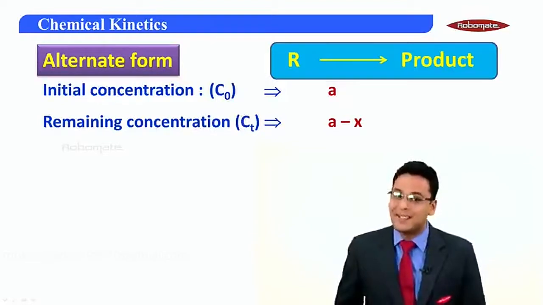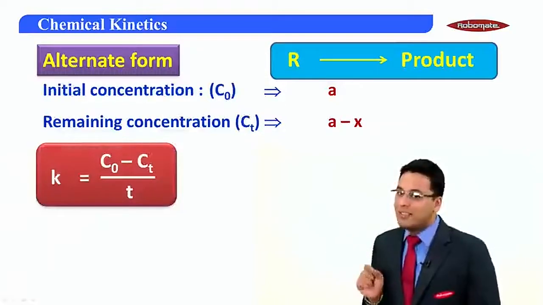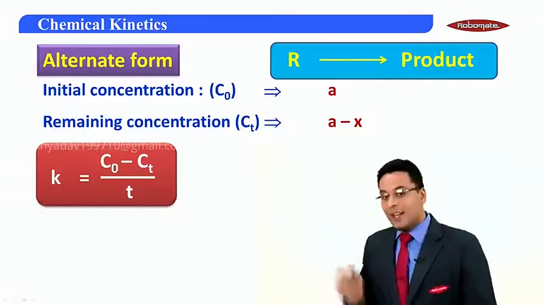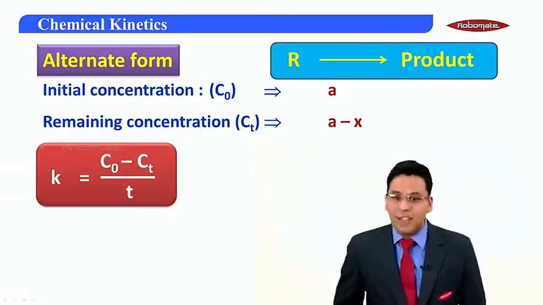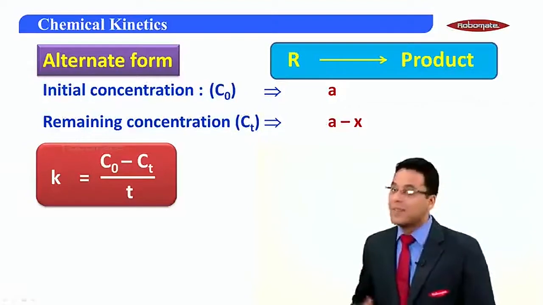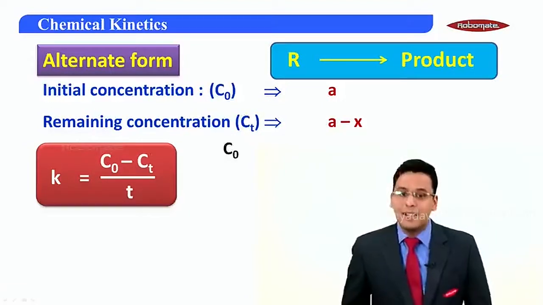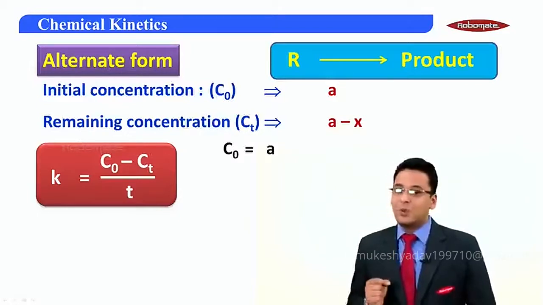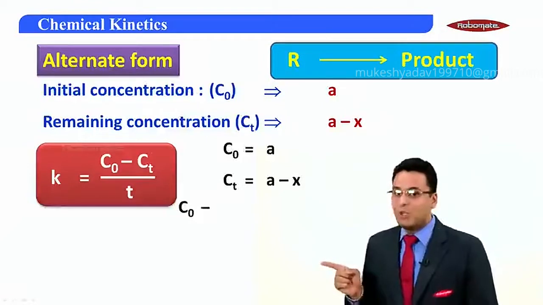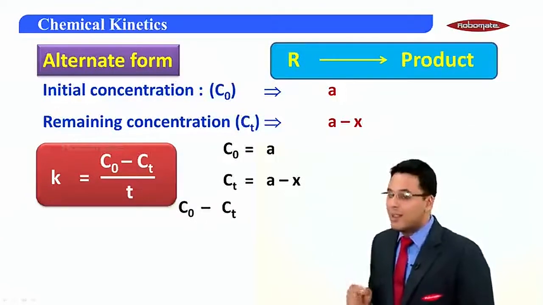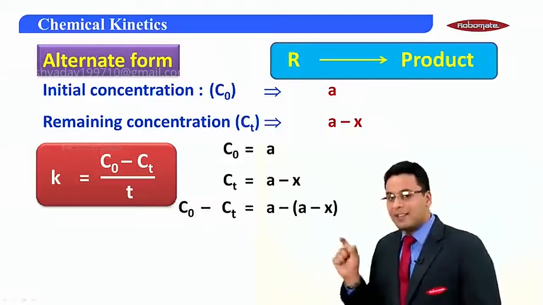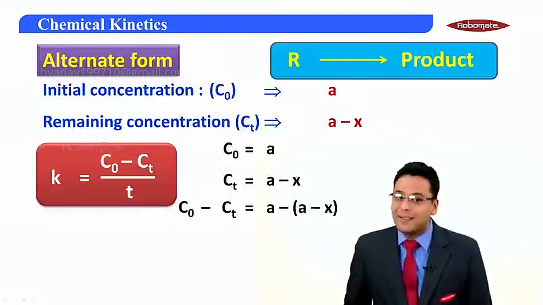We all know this equation, k is equal to C0 minus Ct upon t, the integrated rate law equation for zero order reaction. Just substitute a and a minus x in this equation, and this is what we will get. We will get C0 is equal to a and Ct is equal to a minus x, and when we substitute it here, C0 minus Ct will become a minus the whole term in the bracket, a minus x.